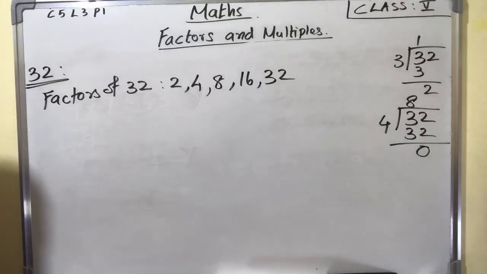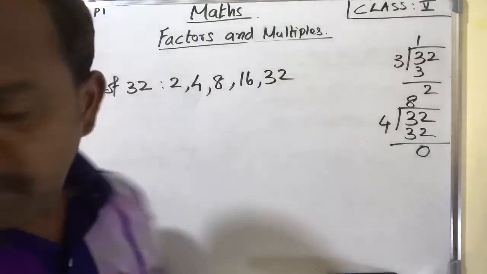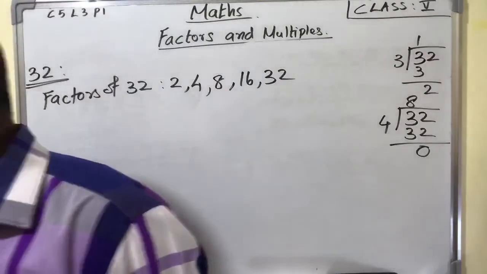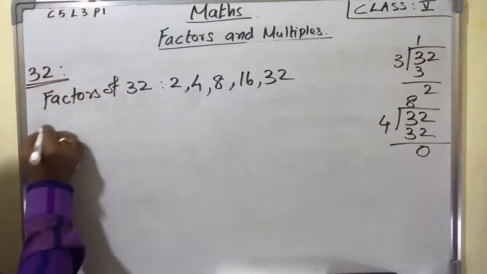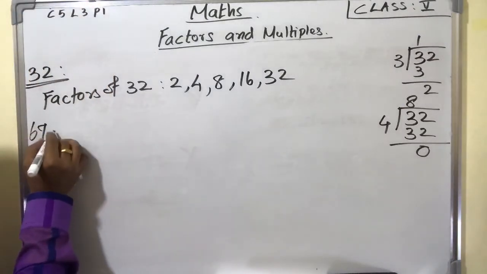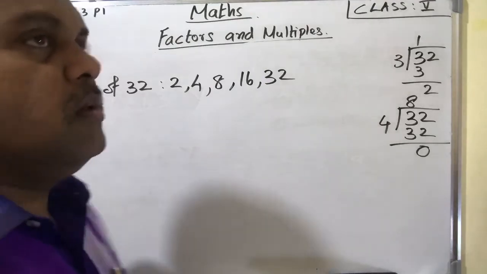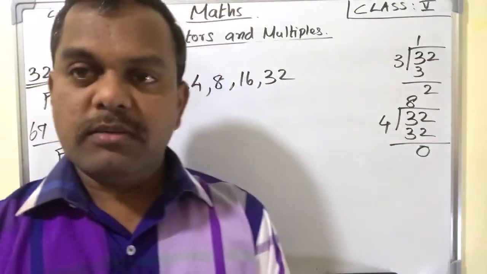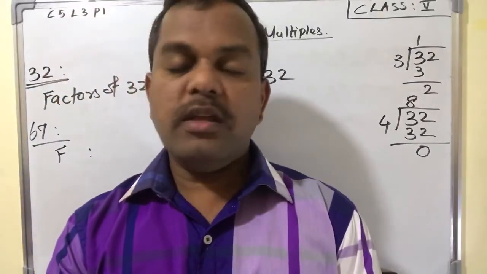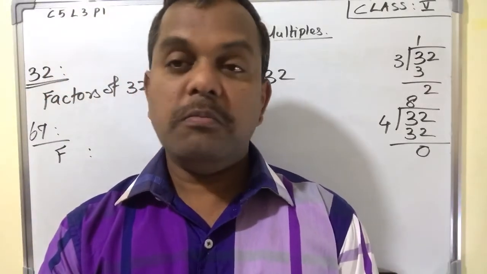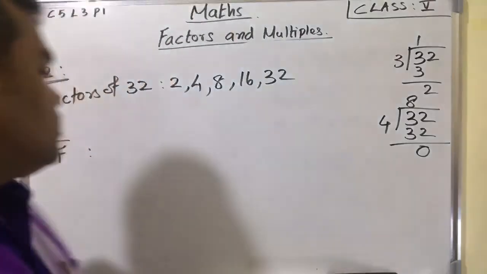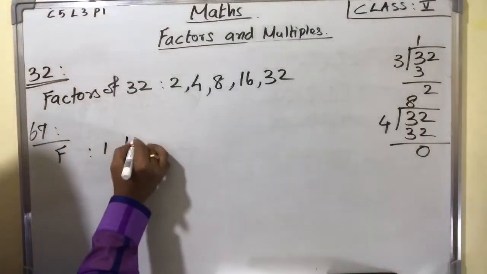Next, factors of 18. I think 18 I already wrote. Factors of 67. 1 will divide 67. 2 will not. 3, 4, 5, 6, 7, 8, no. So 1 and the number itself.